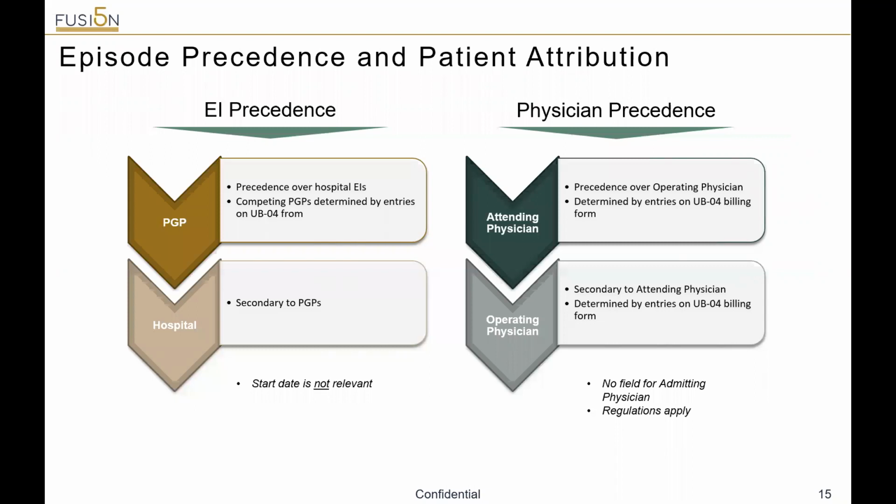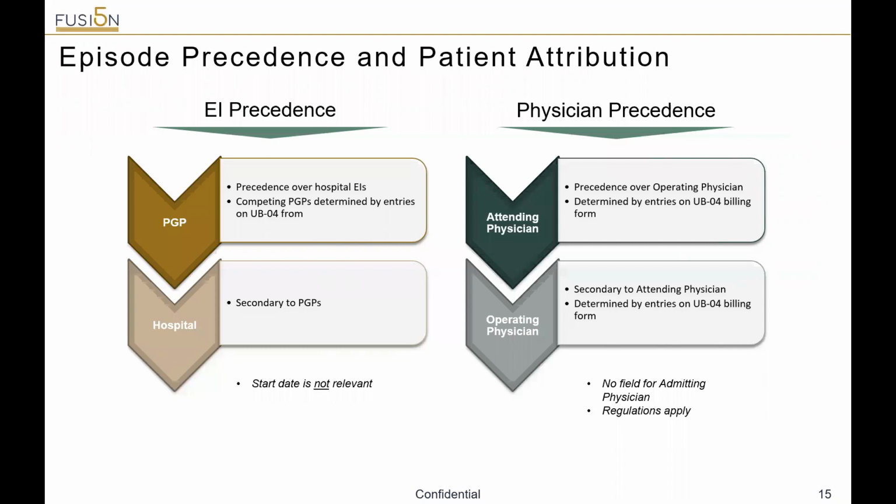However, in emergent cases or trauma cases, there are many instances in which the attending physician will be somebody else, often an ER physician or a hospitalist. And that's where you have to start to look at what is the precedence arrangement, because if both of those entities as physician practices are engaged in BPCI Advanced, you have to know to whom that episode is going to be attributed.